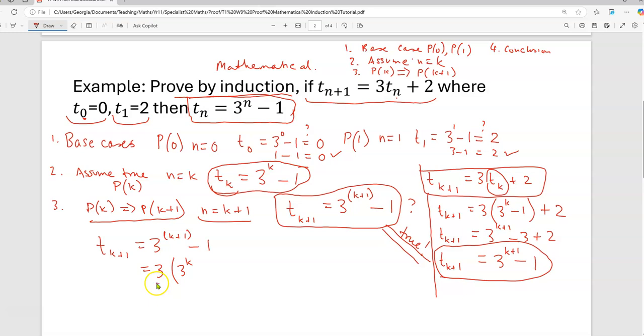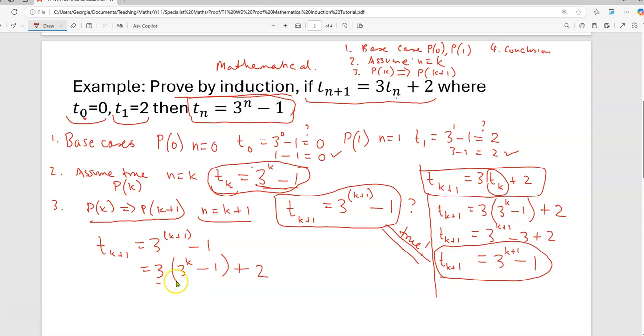Okay, we've got a problem with that 3. If we put any number next to it, we're trying to get minus 1. That's what we're trying to get. We're trying to get this expression up here. So we're trying to get the inductive step in there somehow. So that's going to be 3 times 3 to the power of k, which is 3 to the power of k plus 1. That's good. But then 3 times negative 1 is negative 3, which is not good. So we need to add 2 here.